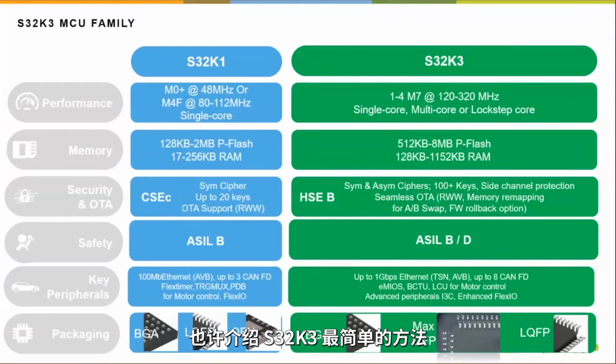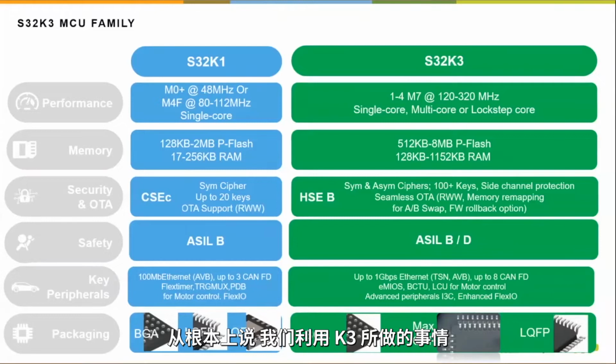Perhaps the easiest way to introduce the S32K3 is in comparison to the S32K1 family, which NXP has had in the market since about 2017. The S32K1 was the single core version, if you will.